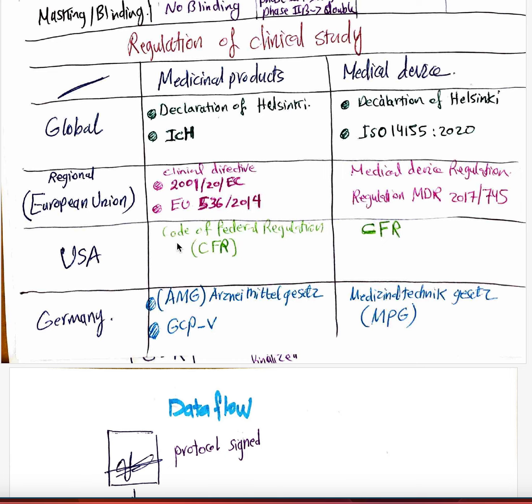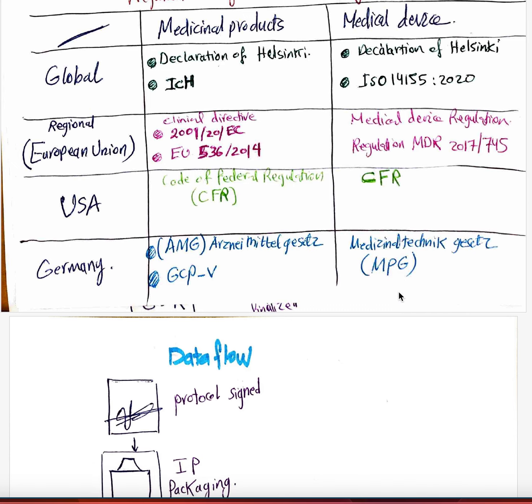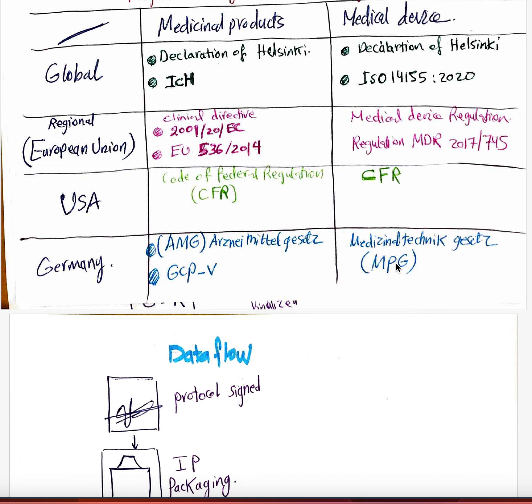In the USA we have the Code of Federal Regulations, CFR, for both. And in Germany, the Arzneimittelgesetz AMG or GCP regulation. Here we use the Medizinproduktegesetz, which is called MPG, but I don't know why it's called MP here.